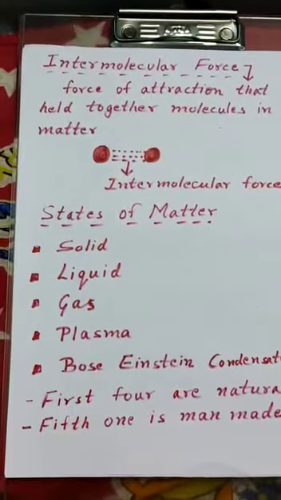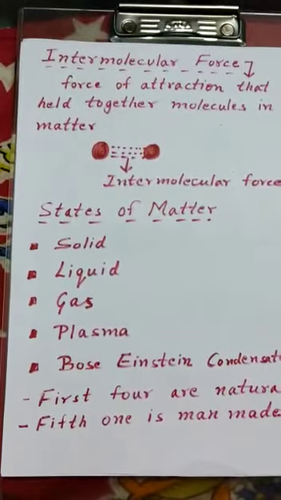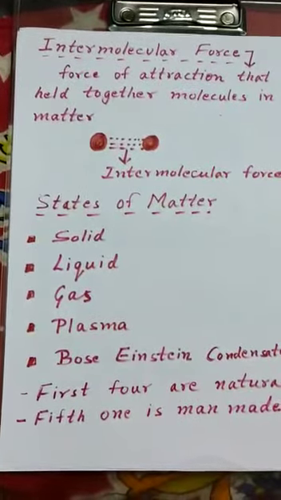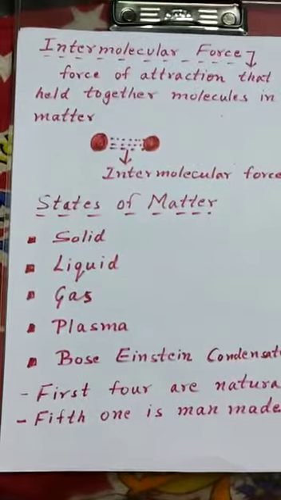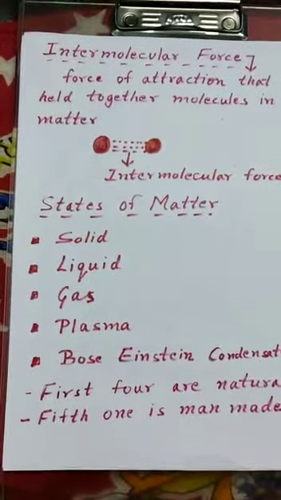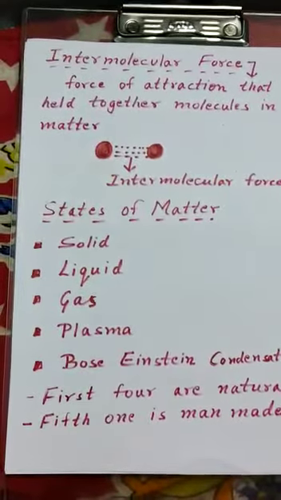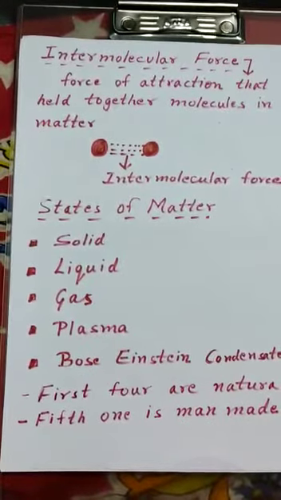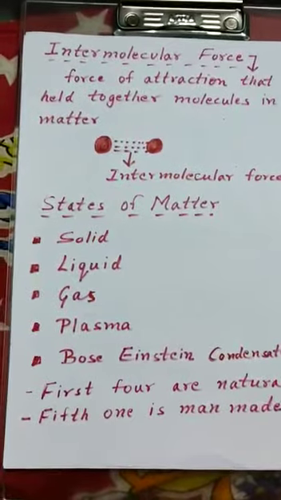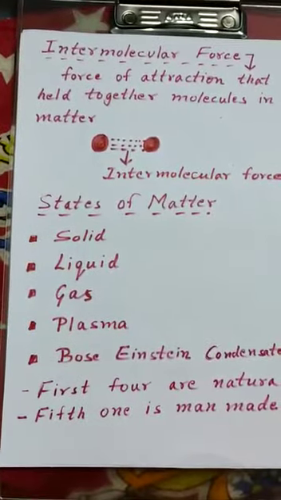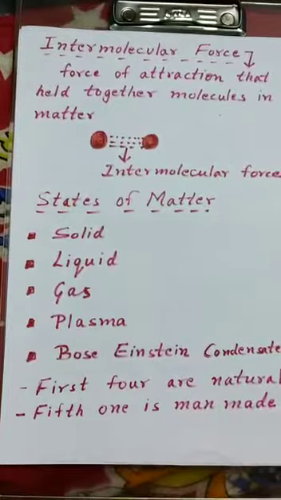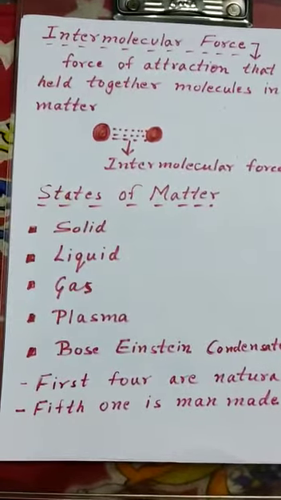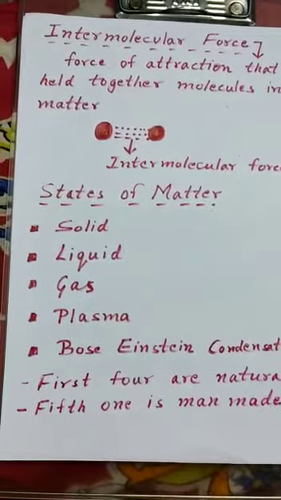Then next is states of matter. Now matter exists in different physical states. Depending on that, there are three major states of matter, that is solid, liquid and gas. But besides these, there are two more states of matter. One is plasma and the other is Bose-Einstein condensate, which is also abbreviated as BEC.